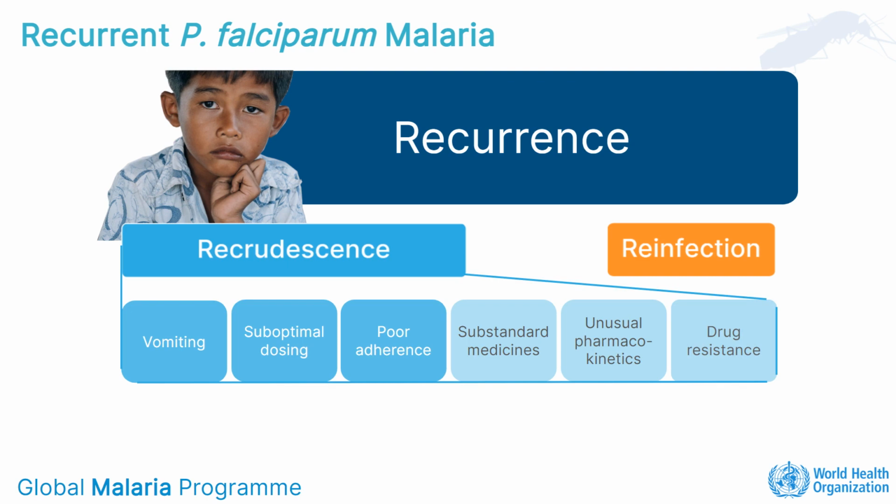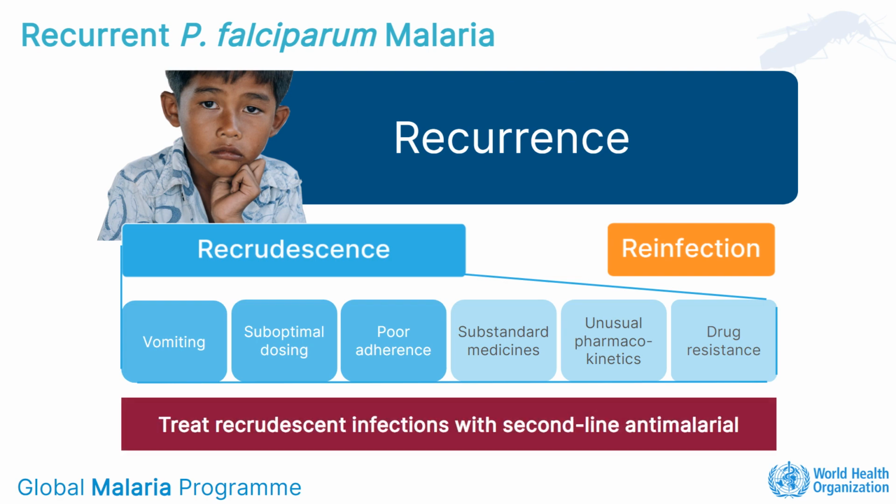We will talk about how to systematically and proactively monitor for drug resistance in elimination settings using the integrated drug efficacy surveillance approach later in this module. It is important to note that a recrudescent falciparum infection should be treated with the country's second-line antimalarial medicine.